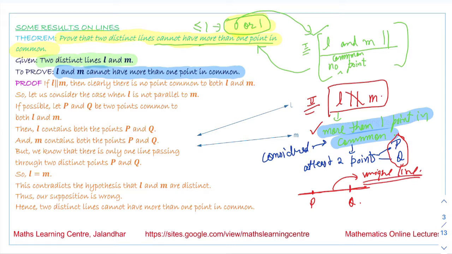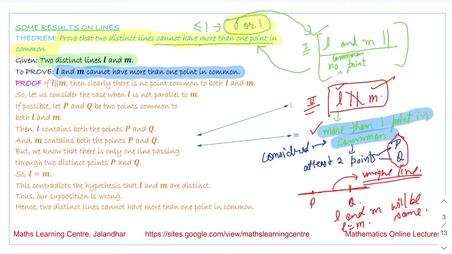There is only one line. It means both these lines will be the same: L is equal to M.